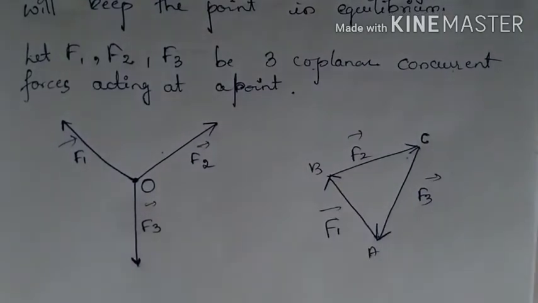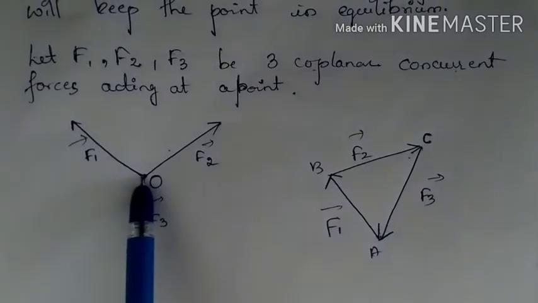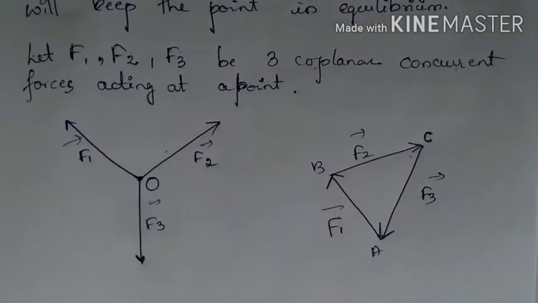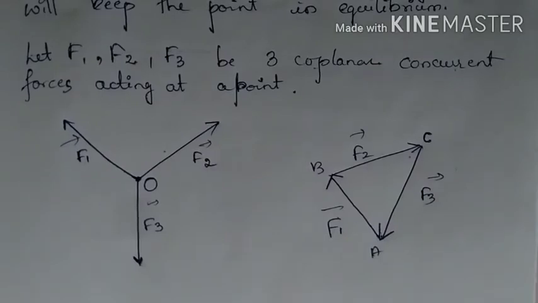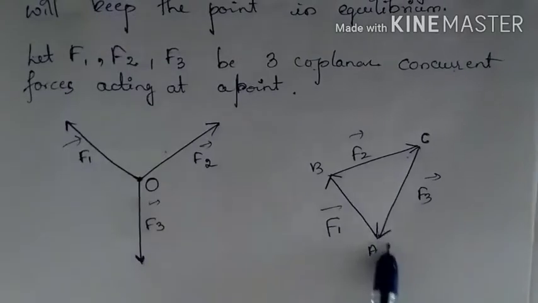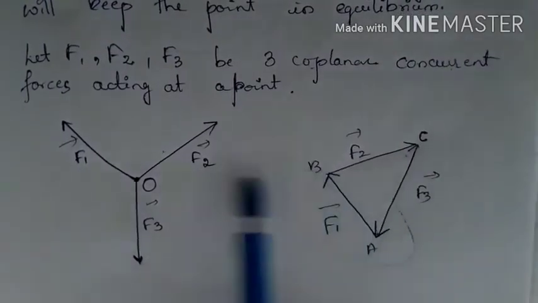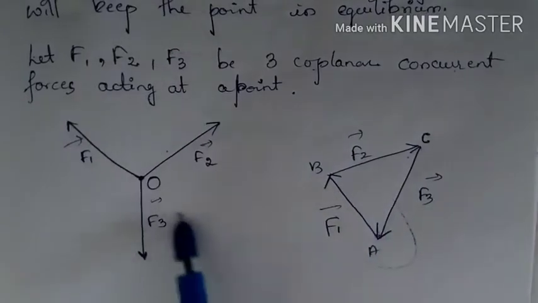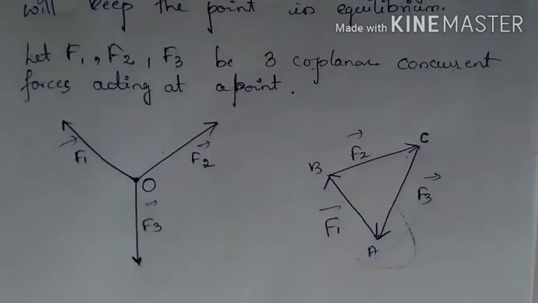If the system is in equilibrium, then only the three forces acting on the point O will keep it at rest. So F1 is directly proportional to AB, F2 is directly proportional to BC, and F3 is directly proportional to AC.